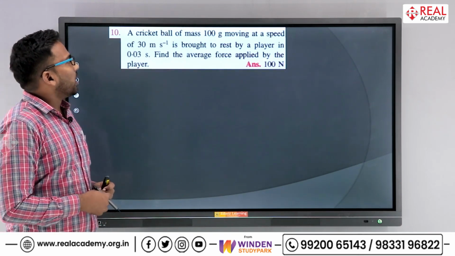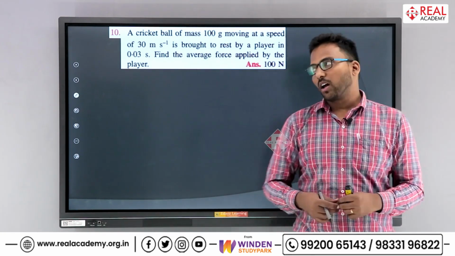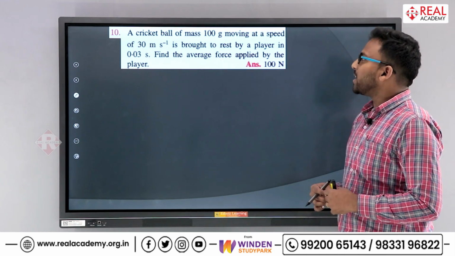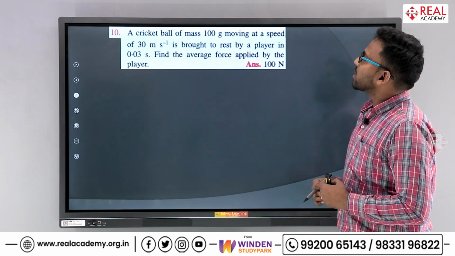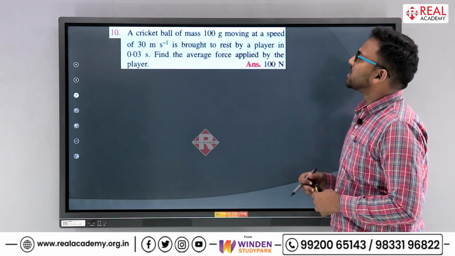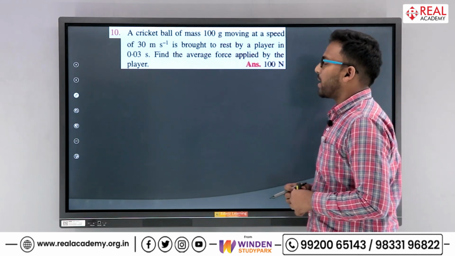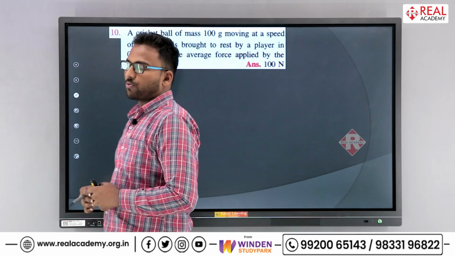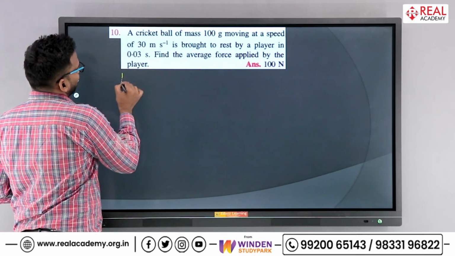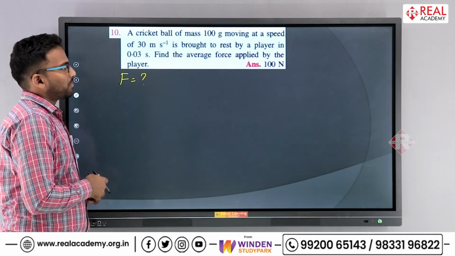A cricket ball of mass 100 gram moving at a speed of 30 meter per second is brought to rest by a player in 0.03 seconds. Find the average force applied by the player. They are asking us to find the average force applied by the player.